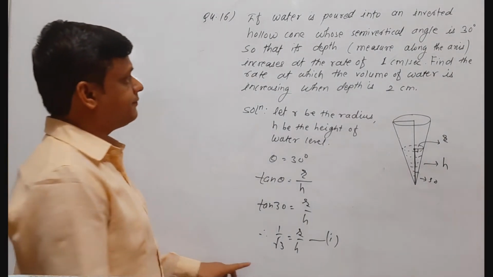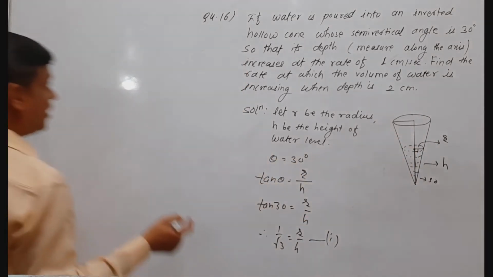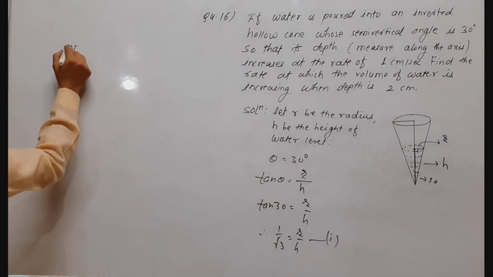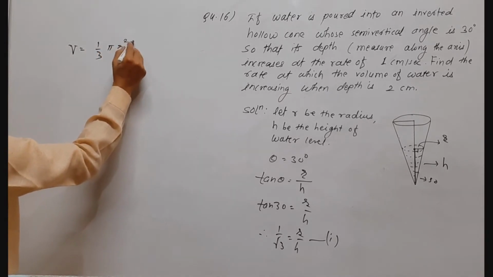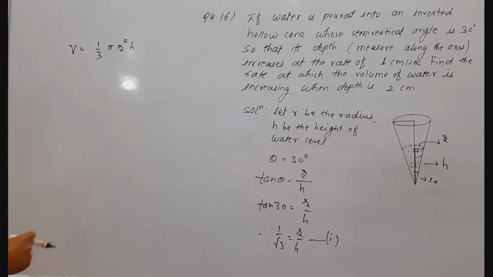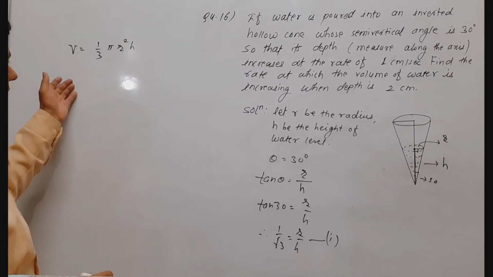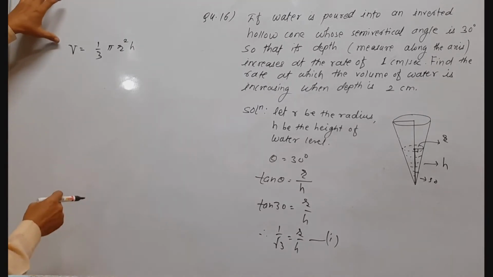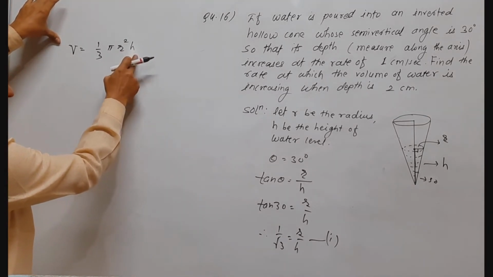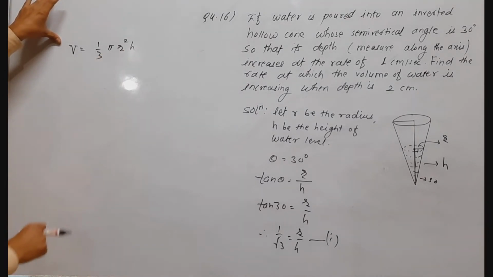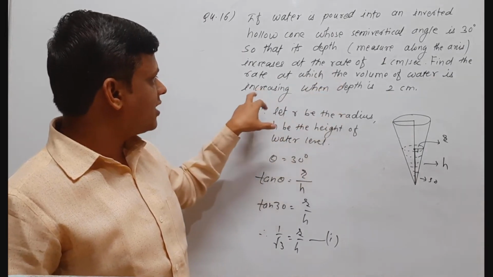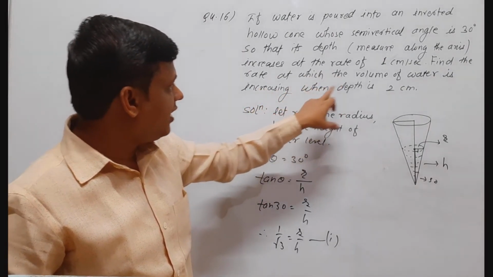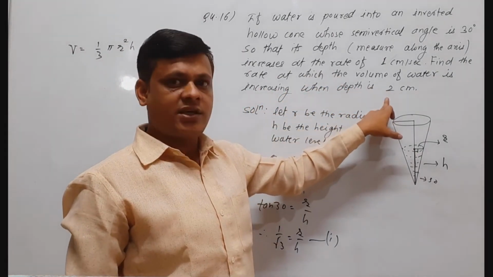So see here, the volume of cone is V is equal to 1/3 pi r square h. We have to find dV by dt, so we can replace this r in terms of h. See the given part: find the rate at which the volume of water is increasing when depth, that is height, is given.